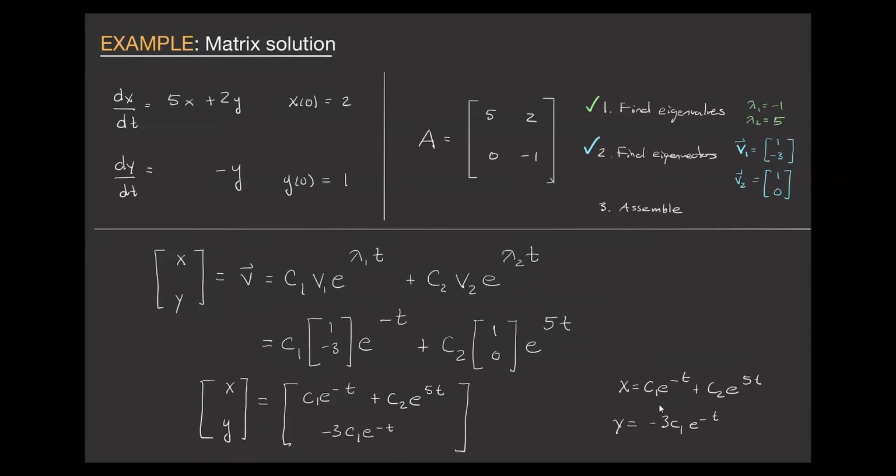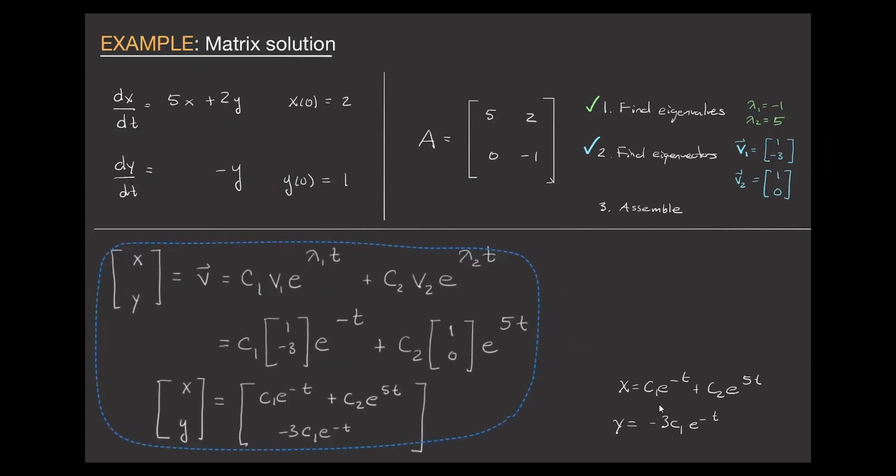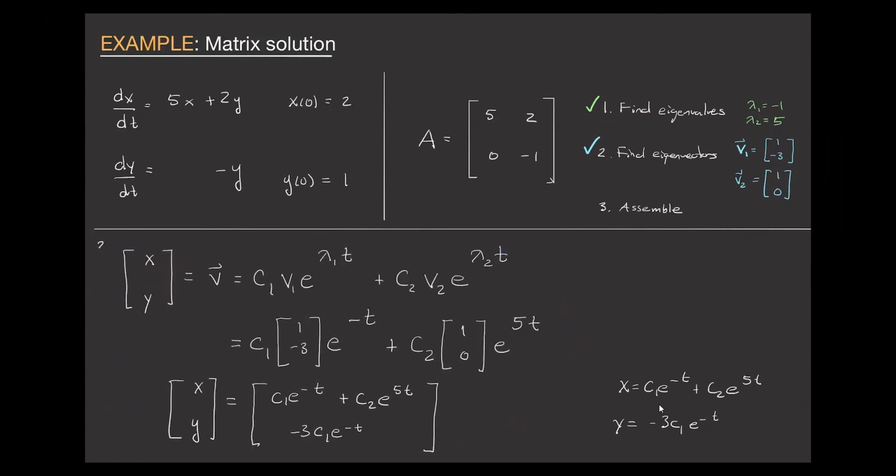If we want to now know what C1, C2 are, it's pretty much what you would guess, where we have x of 0 equal to 2 and y of 0 equal to 1. Now you can substitute. We've done the assembly. We've done part 3. And now we can solve for the parameters.